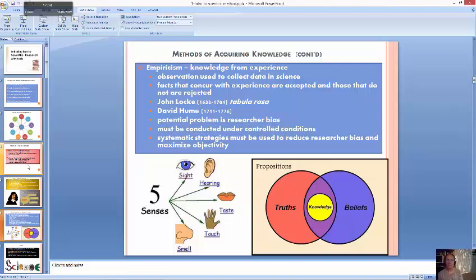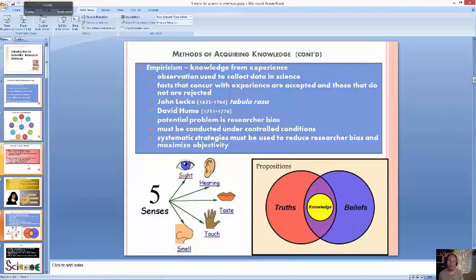Some of the philosophers from which these ideas came included John Locke and David Hume. One of the problems with empiricism is that within it contains researcher bias. That is, the observer himself biases the observation. So we have to then include and blend in control conditions in order to remove our own biases, because we are built to be biased beings.